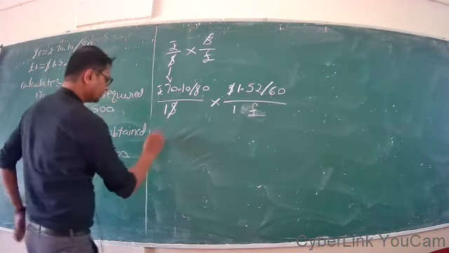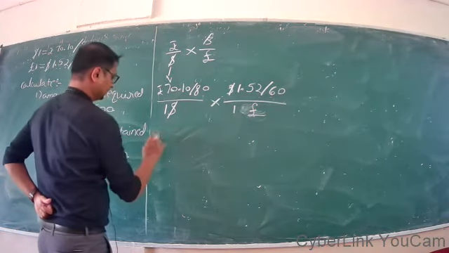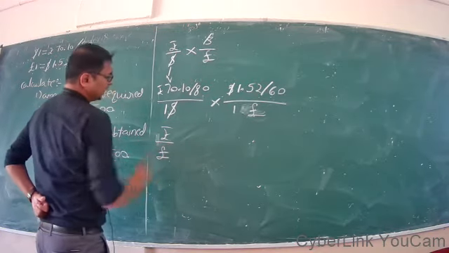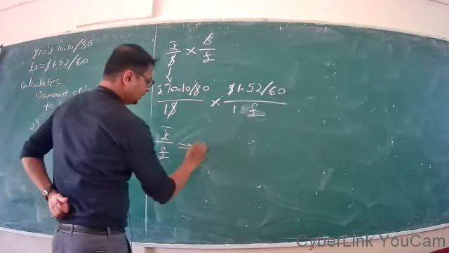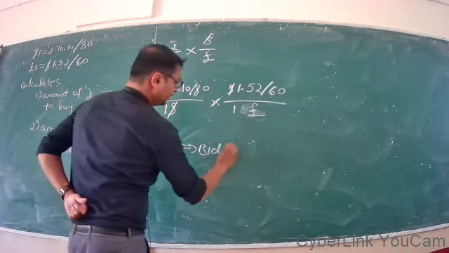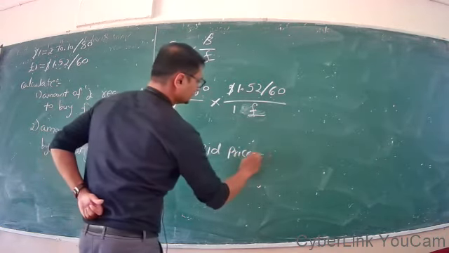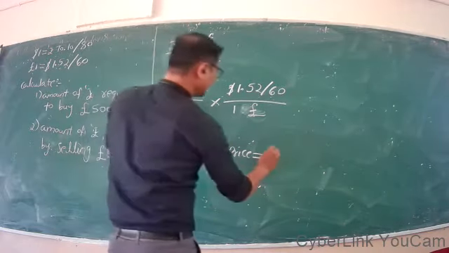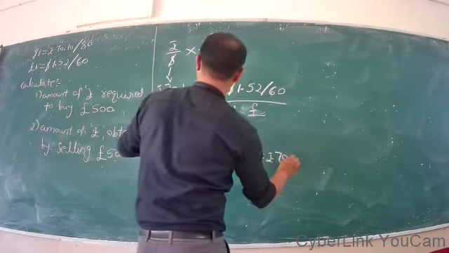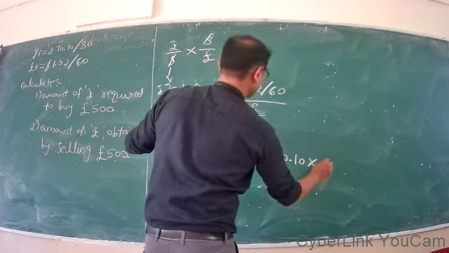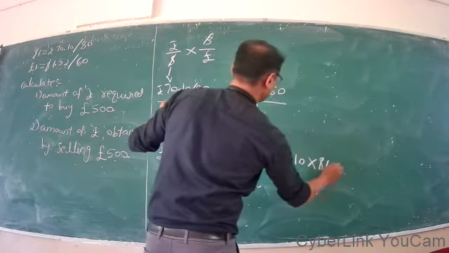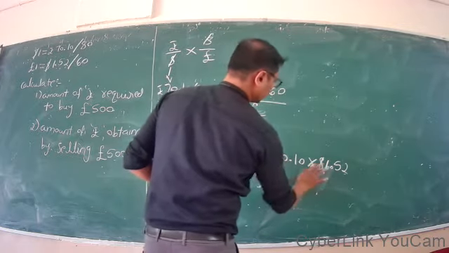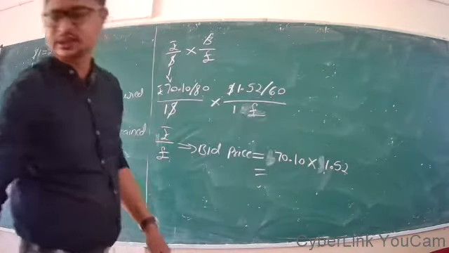So, now we are establishing the relationship between rupee per sterling pound bid price. So bid should be multiplied with bid only, rupees 70.10 multiplied by dollar 1.52, no need to put currency symbols here.